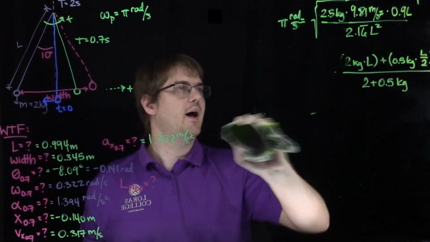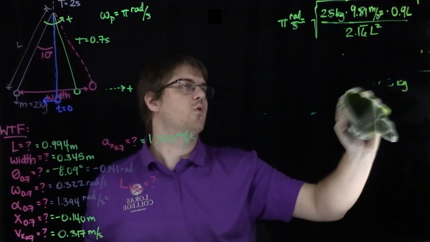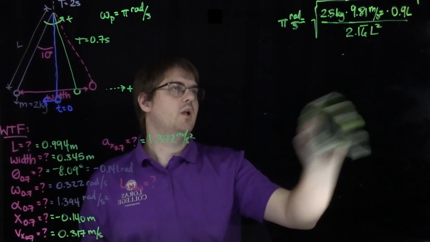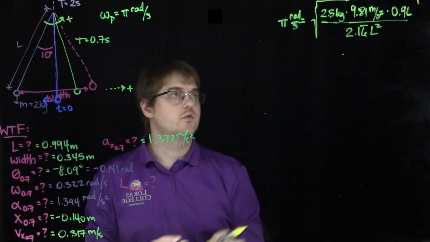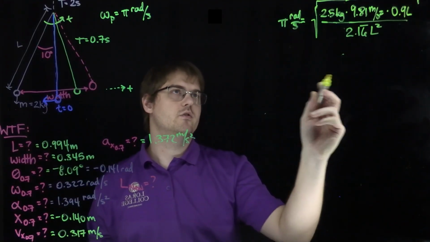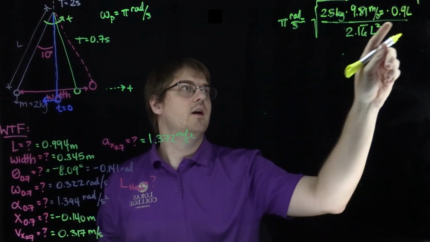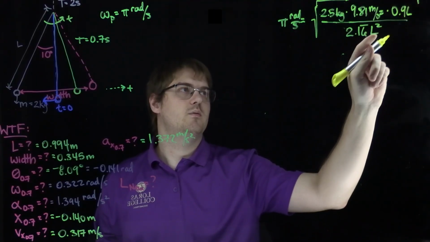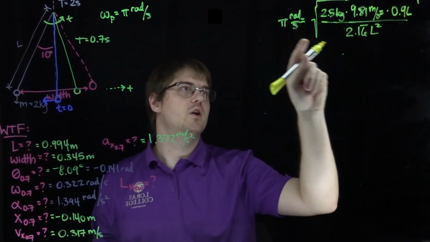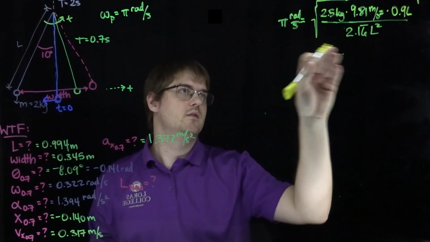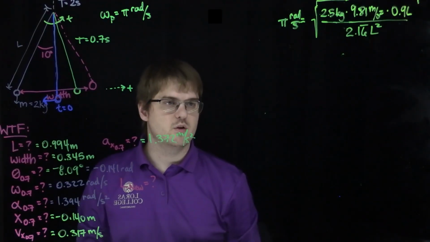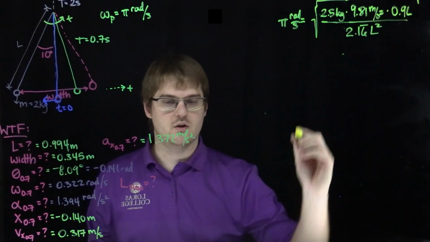So I'm going to take the pi, I'm going to square it. I'm going to multiply by the 2.16 L squared. I'm going to divide both sides by L, so I've got all of that. The L gets rid of here. This L squared, which I've now moved over here, becomes just L. Divide by whatever this number is, multiply by that L, and I get my final value.